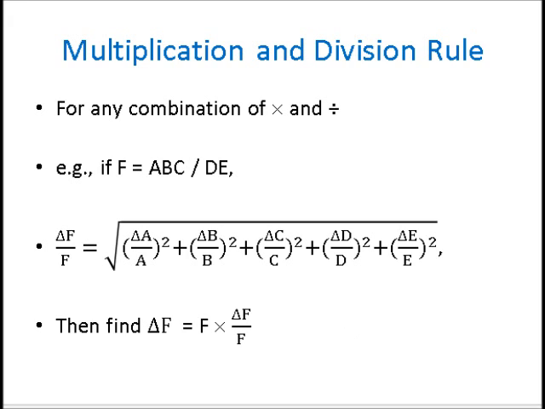Another common rule is for multiplication and division. We're not showing you where these rules come from. They come from calculus and statistics. We'll show you how to do that later.